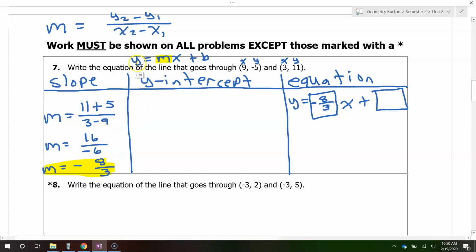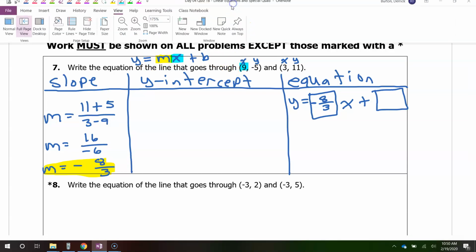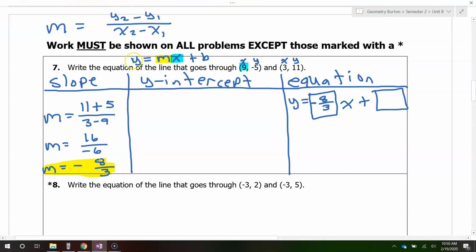But we also need a y and an x. Well, guess what? We have 2 x's and 2 y's. I'm going to use the first point. It doesn't really matter which one you do. So the x value is right here. It's 9. The y value is right here.